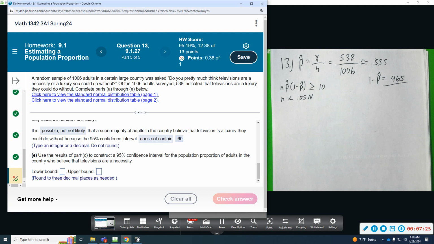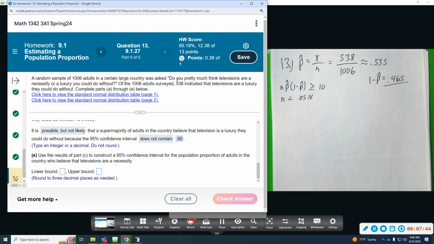All right, use the results of part C. Construct a 95% confidence interval for the population proportion of adults who believe that televisions are a necessity. So we are looking for the percentage that believe TV is a necessity.